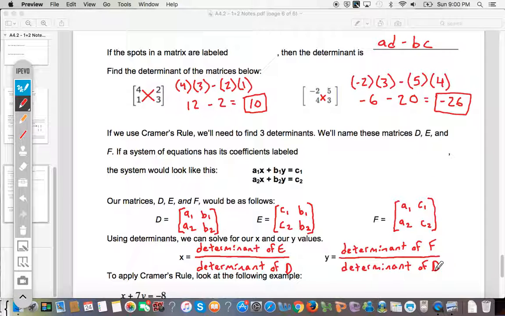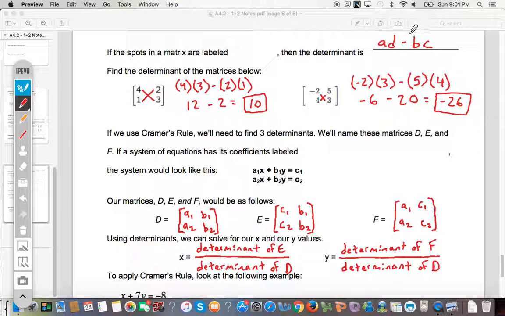Okay? So, just to explain the process a little bit better, we have our system. Okay? We take the coefficients in the order they're in. Okay? So A1, B1, C1, A2, B2, C2, and plug them into these matrices. And of course, we label them D, E, and F. Okay? So once we have them in this form, we need to find the determinants.